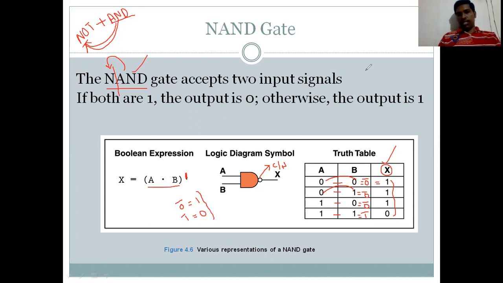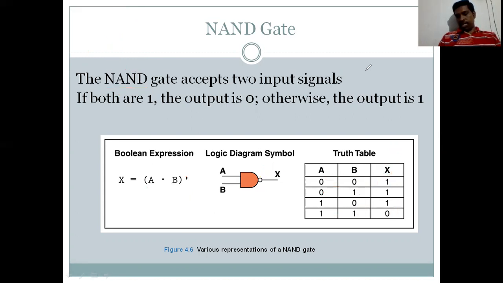Okay, remember that the NAND gate is the gate which is performing the entirely opposite operation of an AND gate. In the AND gate, if you observe the truth table, the values of x are 0 0 0 1.